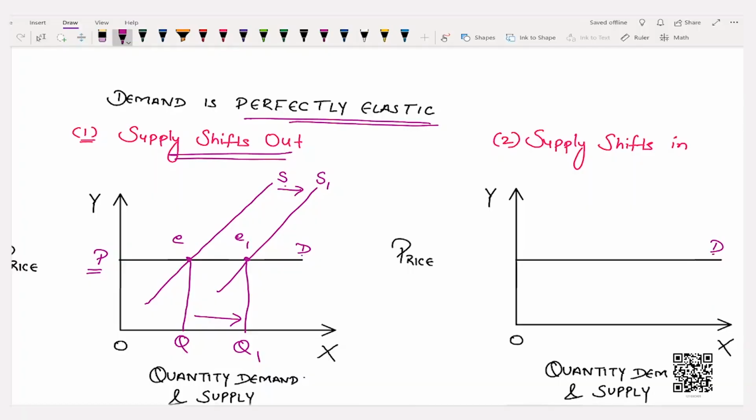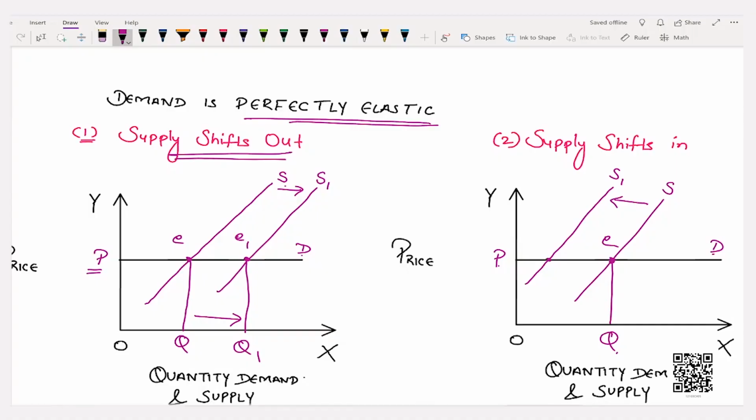Moving on to my next case, supply shifts in. Let us draw the original supply curve represented by the letter S. When we shift the supply curve in, this means we are shifting the supply curve leftward. So let's shift it leftwards. The earlier equilibrium point was E, equilibrium price was OP, and equilibrium quantity was attained at OQ.